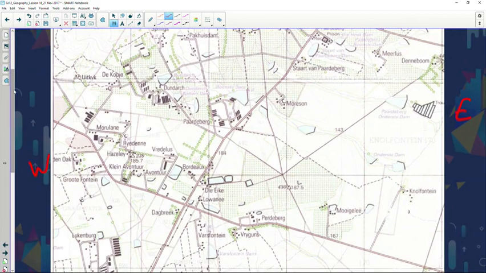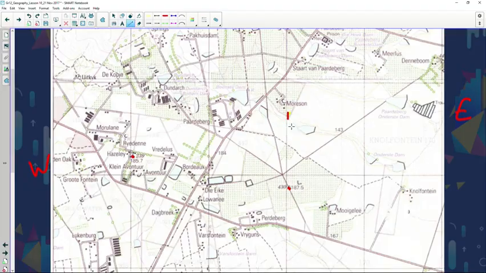If I ask you to determine the direction from Trig Beacon 430 to Trig Beacon 239. Now, like I've mentioned, your first step, draw a north-south line.